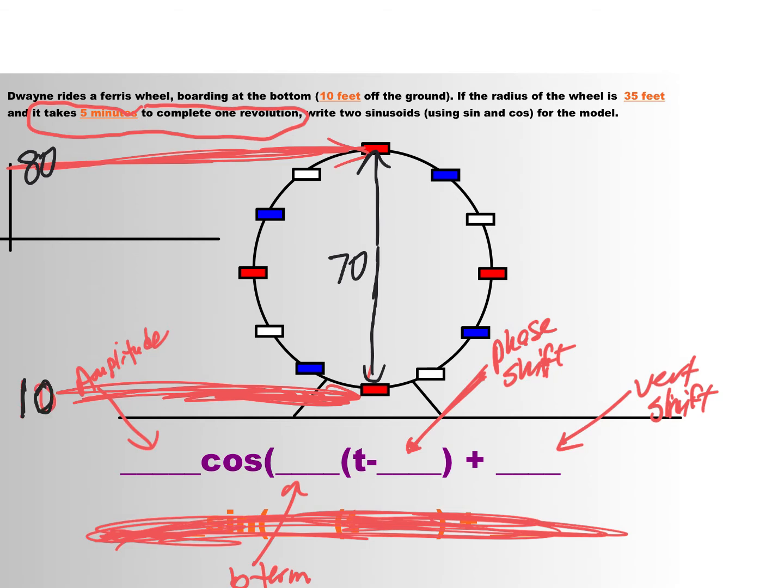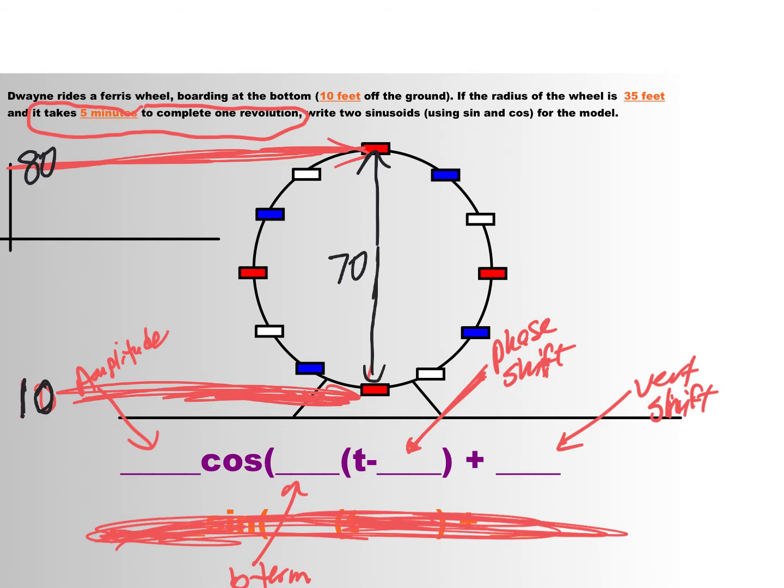I've got my low spot, I've got my high spot. Then all that I really need after that is what time did they happen? Now you tell me, do you think that we would start at the high spot or the low spot? Well, it says that you get on, you board at the bottom.